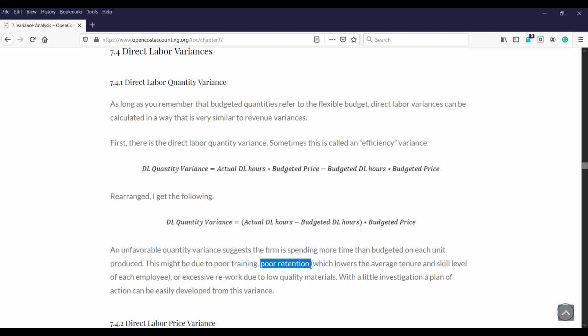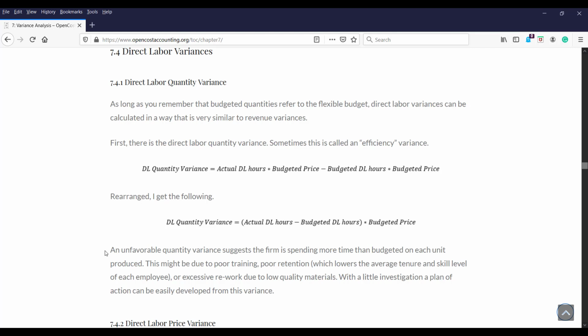Oftentimes, if you have bad management policies, it'll show up here within short order because the management policies will drive the skilled workers out. They have mobility. They can update their resume and get another job somewhere else that's not toxic. And so we then have higher turnover, poor retention of our employees, and therefore their skill level on average has reduced. And so they just take longer to do the job.